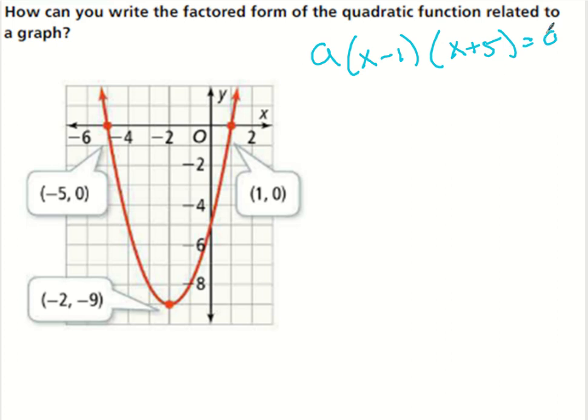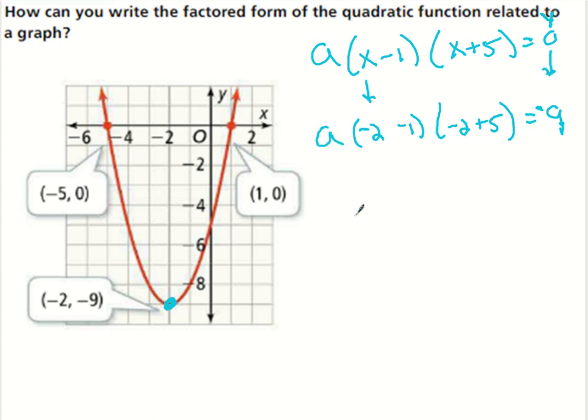Instead of having this equal to 0, which would give me these 2 factors, I'm going to plug in my vertex. So I'm going to plug in negative 2 for my x value, and negative 9 for the y value, because this 0 is really just your y.